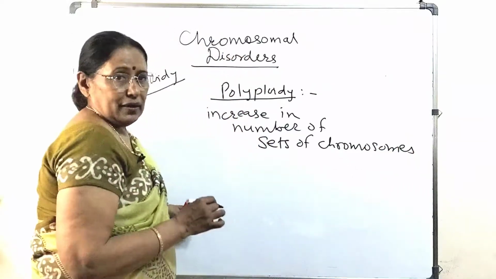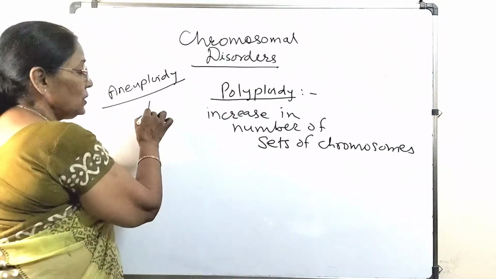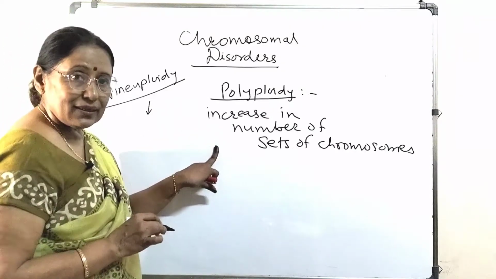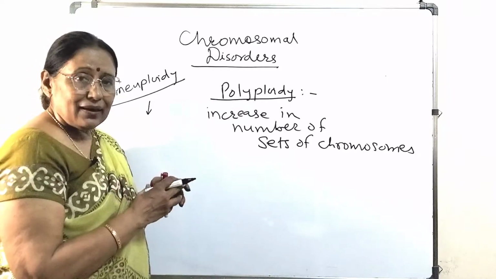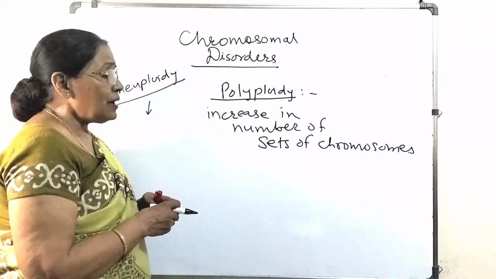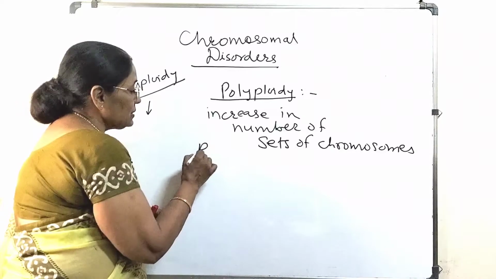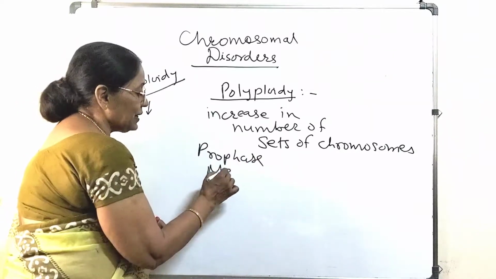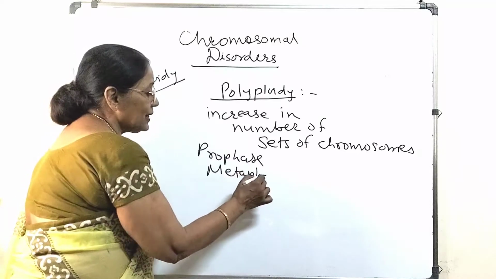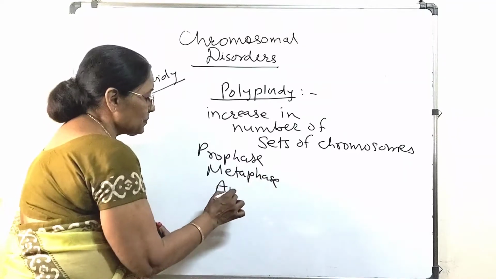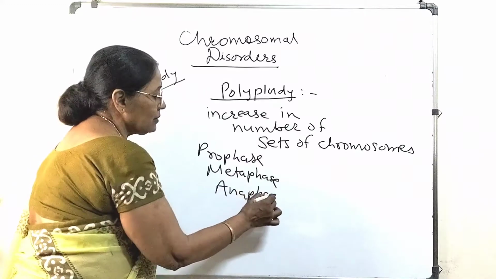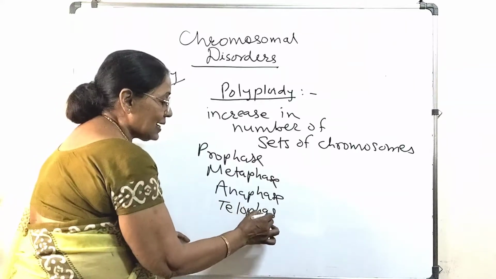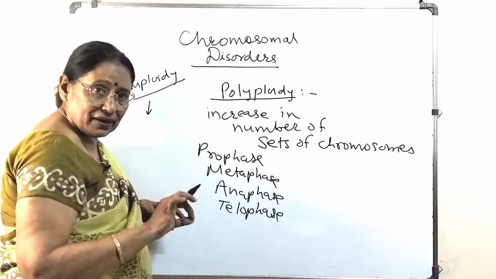How will this occur? You saw that this was due to non-segregation of chromosomes. The reason is that there is one cell, now it is to divide. Now it starts with prophase, then metaphase, after that anaphase, and then telophase. कर लिया यहाँ तक? So the last step is, now the cell has to divide.